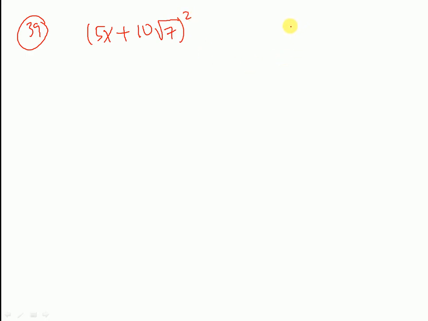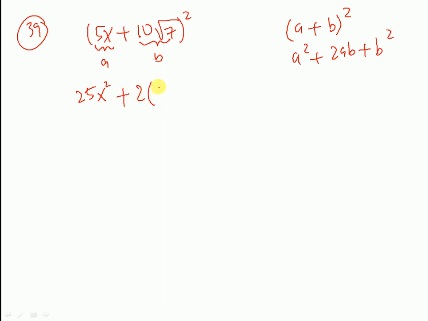So this looks like we can apply (a plus b) squared equals a squared plus 2ab plus b squared, with this to be a and this to be b. So a squared means 25x squared. 5 squared is 25, x squared is x squared, plus 2 times a times b, and plus b squared, or this thing squared.